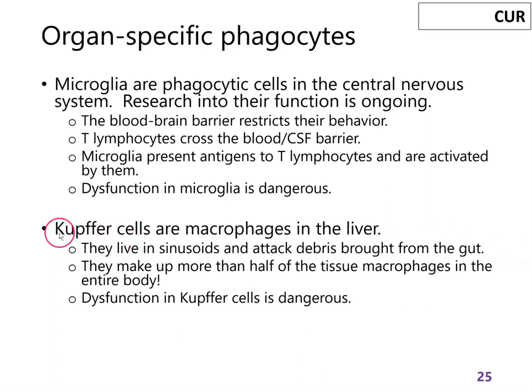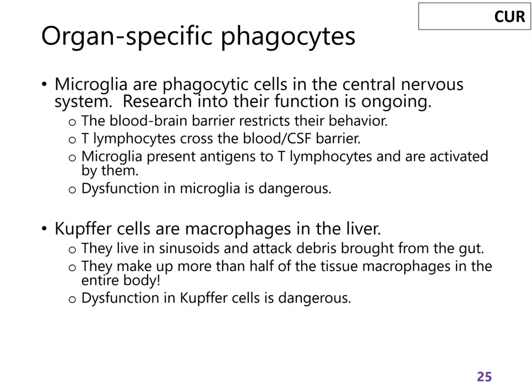A much more interesting one are the Kupffer cells. These are macrophages that live in liver sinusoids, and anything that comes in through the portal vein to the liver, that could be anything that escaped from the gut, anything that escaped from the spleen, anything that escaped from the stomach, plus everything we absorbed from our digestive system, all of that goes to the liver first.